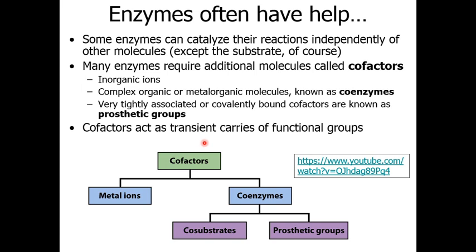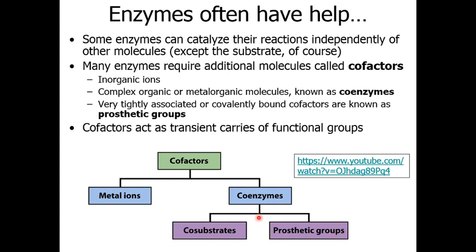Cofactors act as transient carriers of functional groups. For example, cofactors can be divided into metal ions or coenzymes. Coenzymes can be further divided into co-substrates and prosthetic groups. If you remember hemoglobin and myoglobin, right?